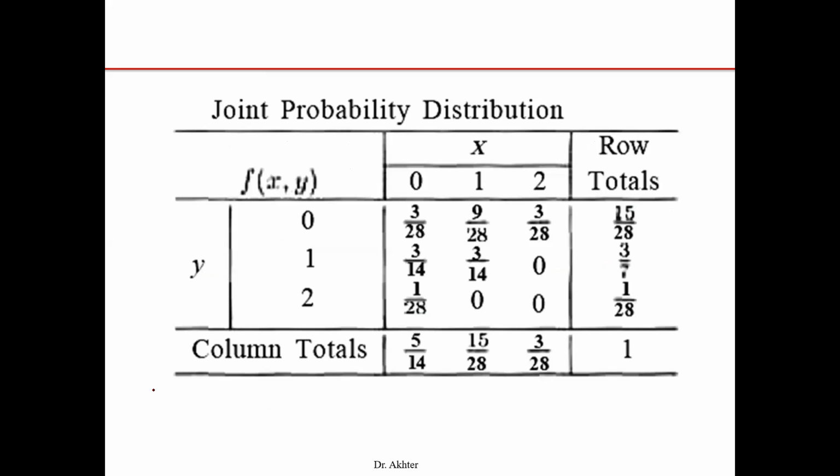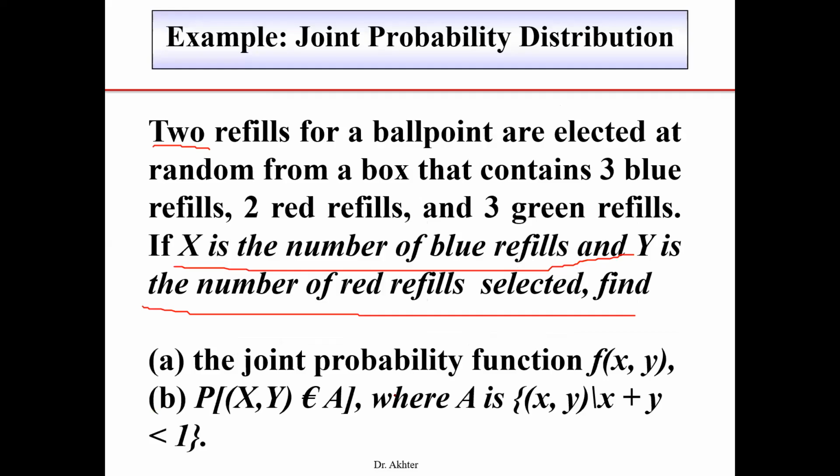The first probability I am computing here is probability (0, 0). (0, 0) means 0 blue selected and 0 red selected.